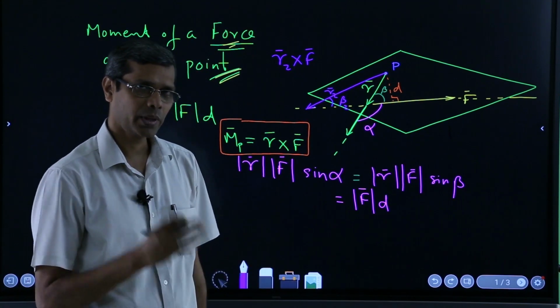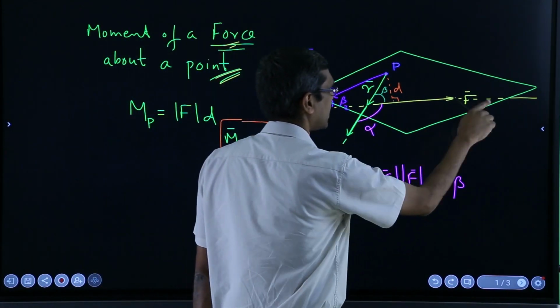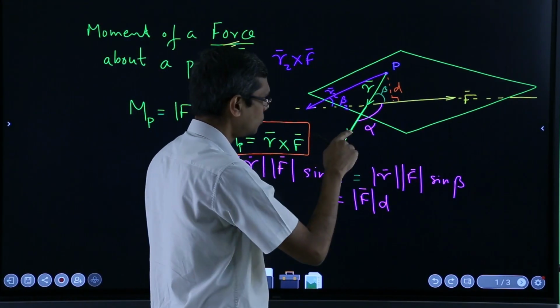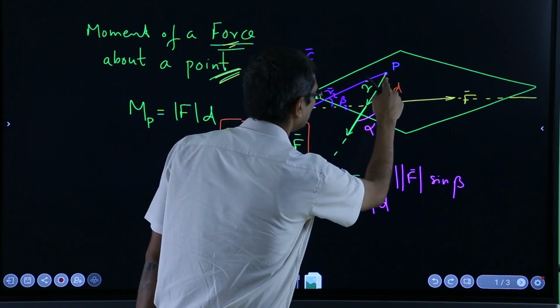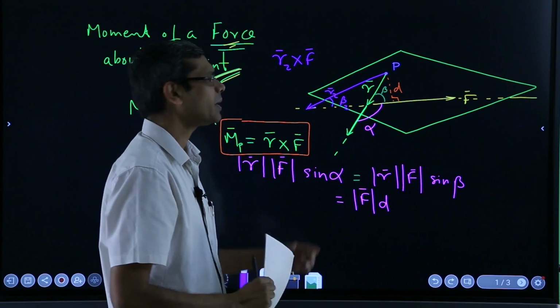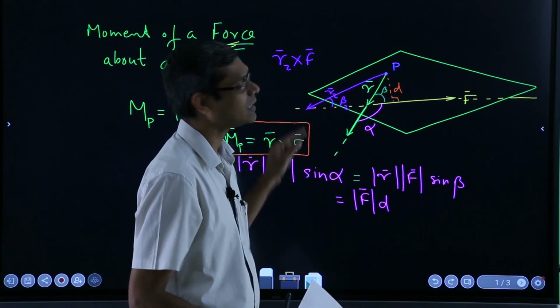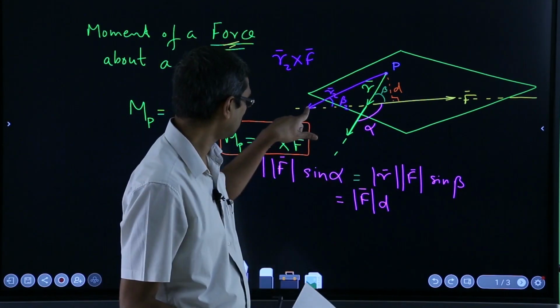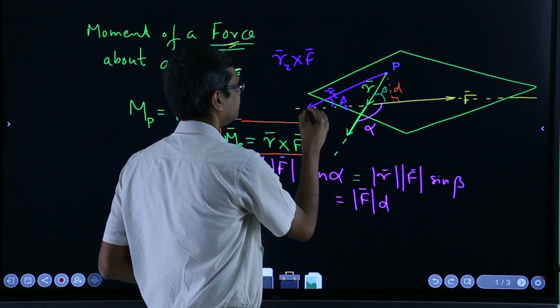You have to pick a point on the line of action of the force and join that point to this point, so that it will be convenient for you to calculate this position vector of this point on the line of action.